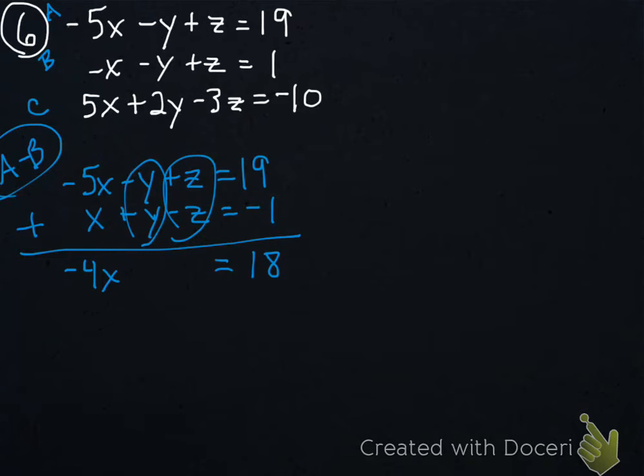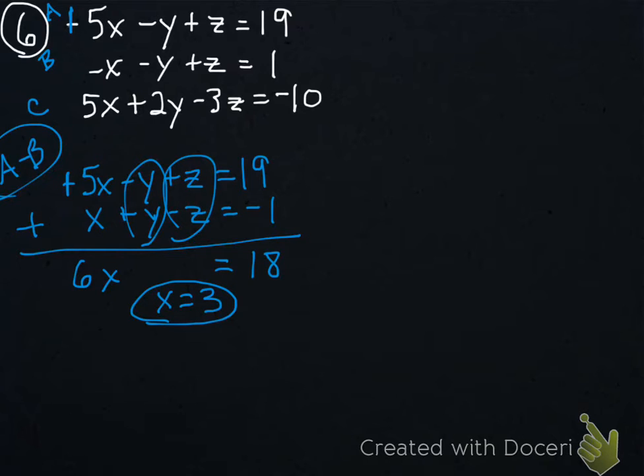That 5x in letter A should be positive. So if that 5x is positive, this becomes a 6x when I add them together. Divide by 6, x equals 3. This usually doesn't happen. Usually I get a second equation. But that's okay because now I have x.